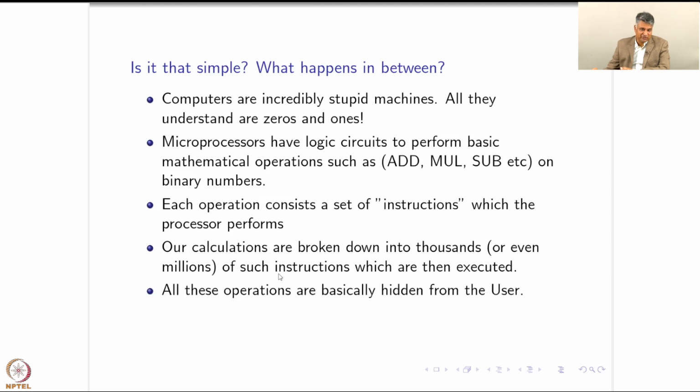All these operations of taking the computer code, breaking them down into millions of instructions and then executing them on a microprocessor are basically hidden from the user, because it would be very difficult for a human being to write down even a simple code directly in assembly language for a simple problem such as the temperature distribution on a flat plate.